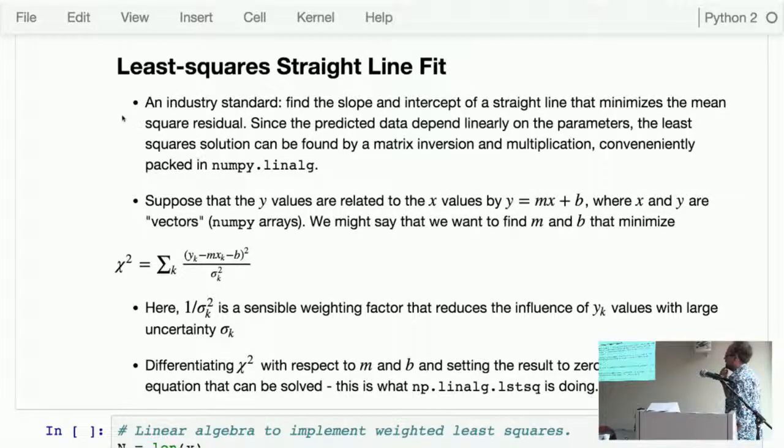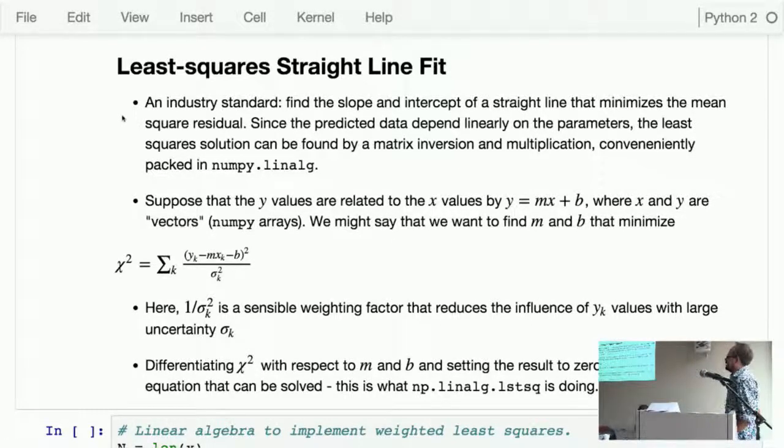And so you write down an equation for the straight line, y equals mx plus b, and then write down this mean square residual, and you might weight it by the uncertainty to try and take that into account, and you end up with this summary statistic called chi-squared, which we might have seen before.